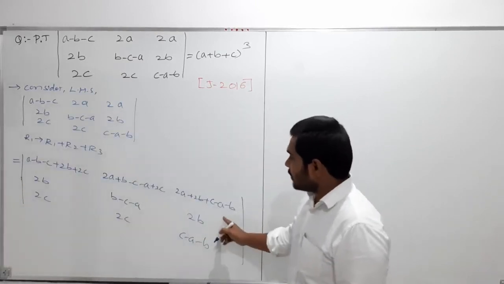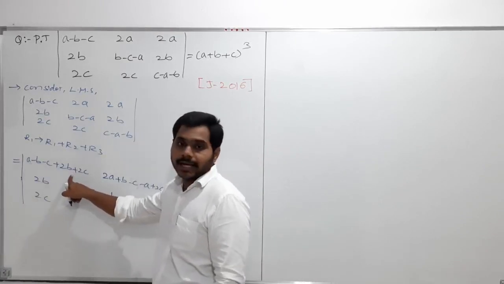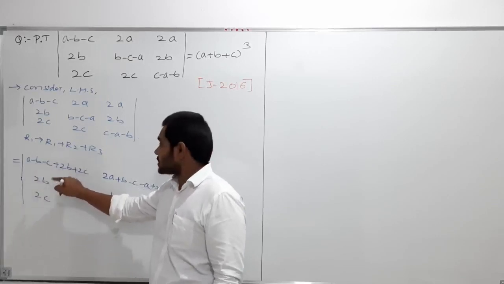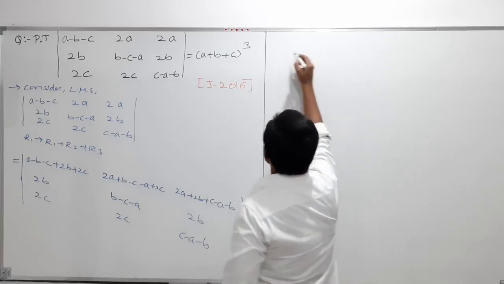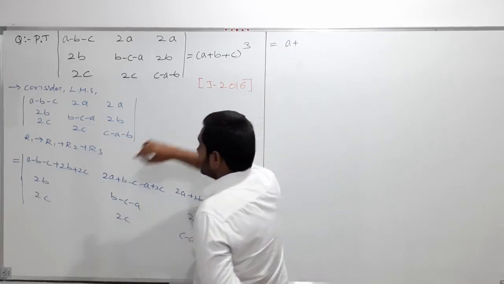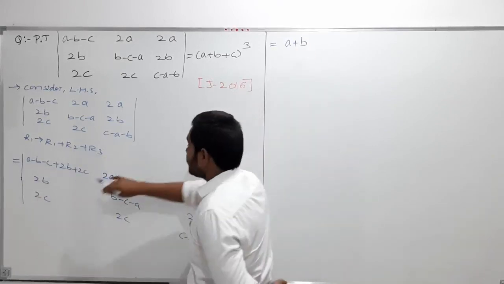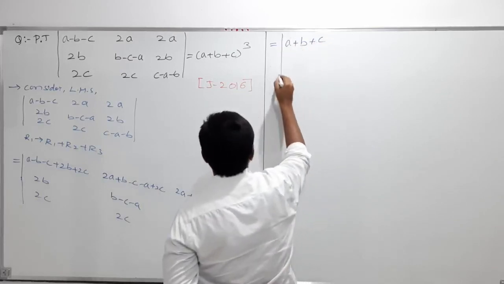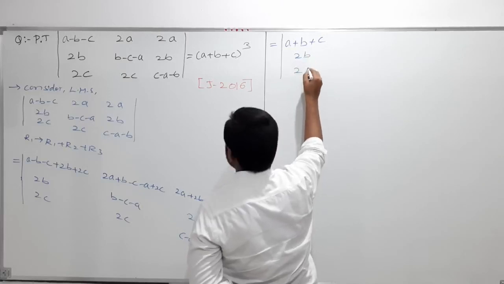Now you can simplify. If you simplify this, here you can observe a is there, here no a term. If you consider b, plus 2b minus b is plus b, 2c minus c is plus c. So that is equal to a plus b plus c, and remaining elements as it is, 2b, 2c.